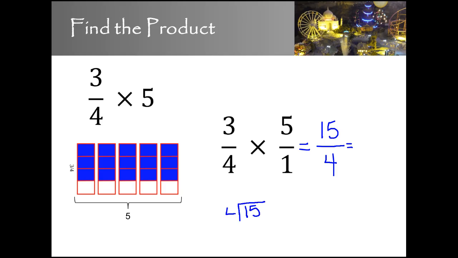We would take the numerator of 15 divided by the denominator of 4. 3 times 4 is 12. Then we subtract, and we have 3 pieces left over. That means we have 3 whole units of 4/4, and we have 3/4 left over. So 15/4, written as a mixed number, is 3 and 3/4.